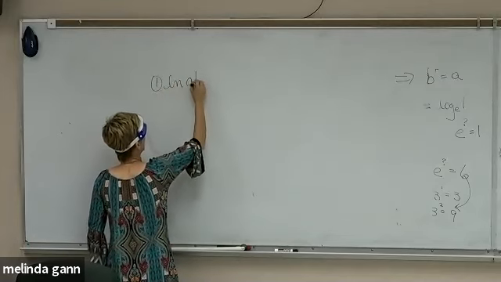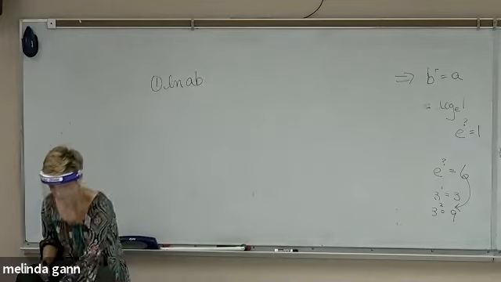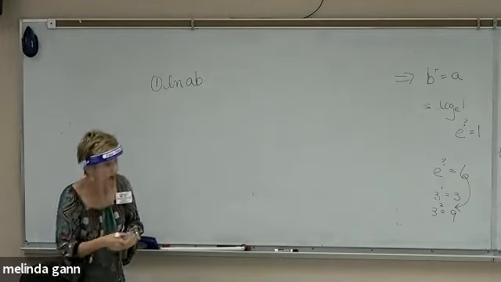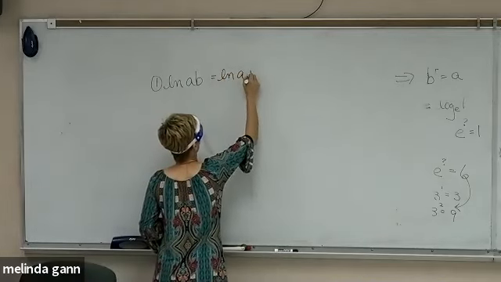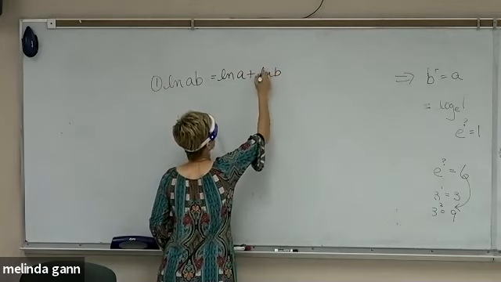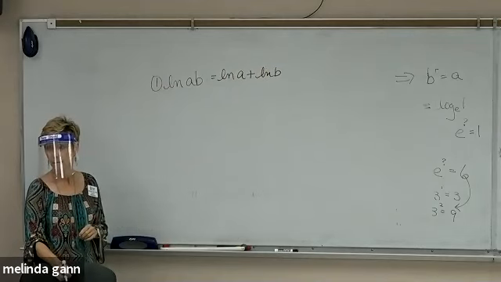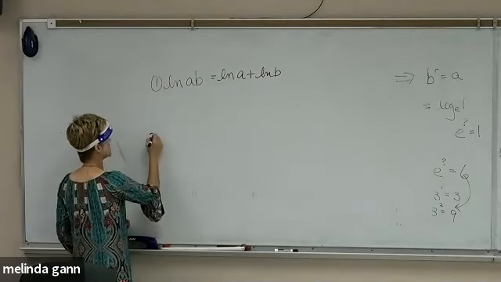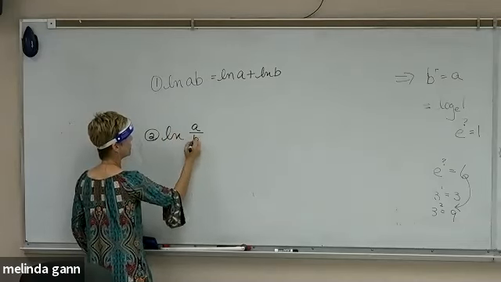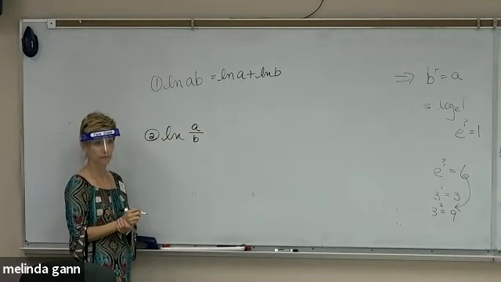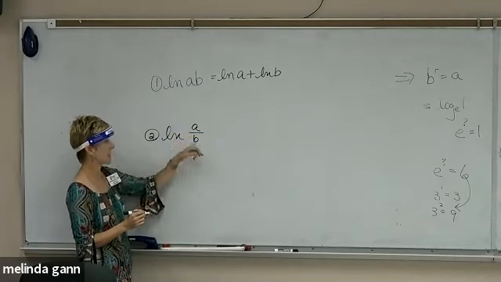The log of AB. Now, when there's nothing between them, what am I doing? Multiplying them. It is not the natural log of A times the natural log of B. It's the natural log of A plus the natural log of B, which is not intuitive to me. It might be intuitive to you. A second rule that you've got to memorize is the natural log of the fraction A over B. And again, that is not going to be the natural log of the numerator divided by the natural log of the denominator.